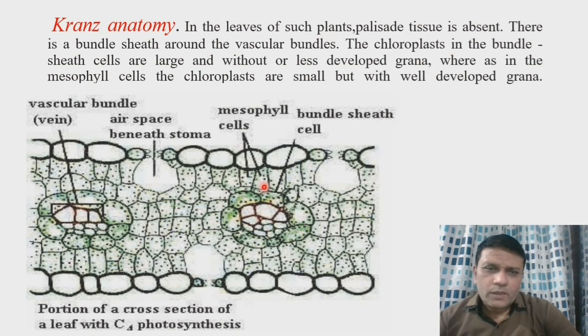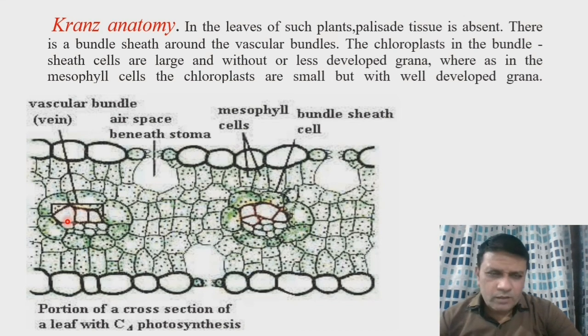Then here we can see the bundle sheath cells. These bundle sheath cells are arranged around the vascular tissue, which is called a vein or a vascular bundle.